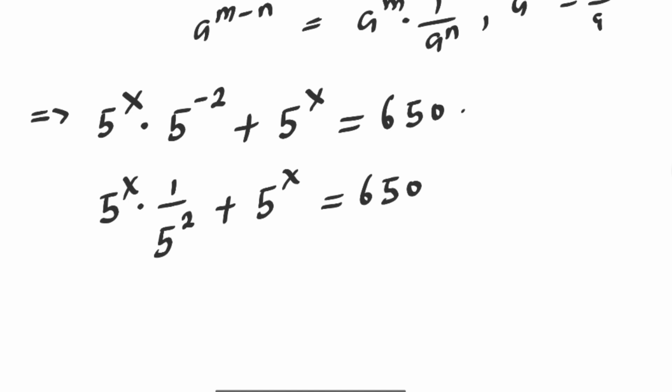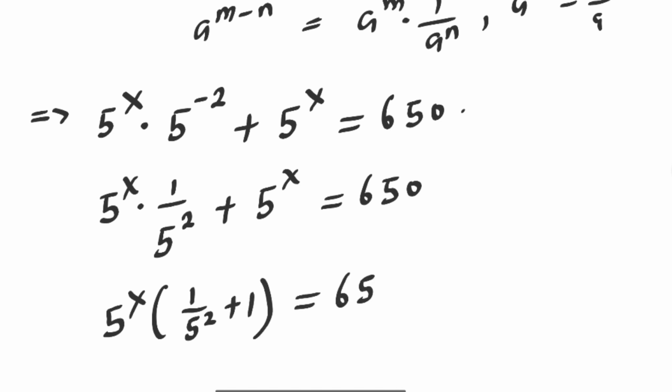Then here you see this is 5 raised to power s bracket 1 over 5 square plus 1 is equal to 650, because 5 raised to power s is common.